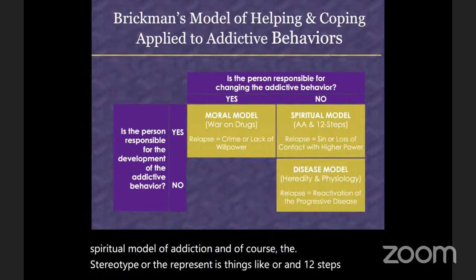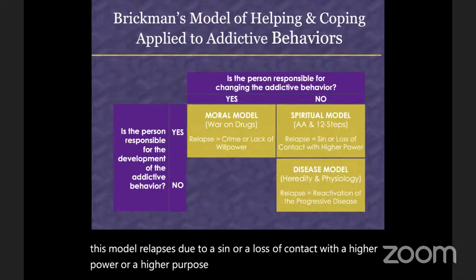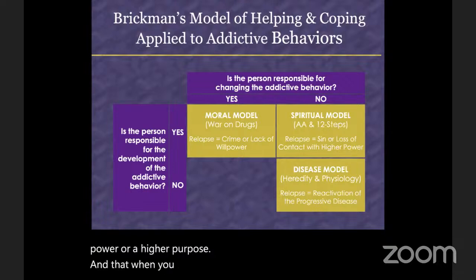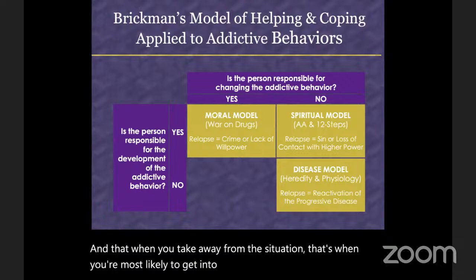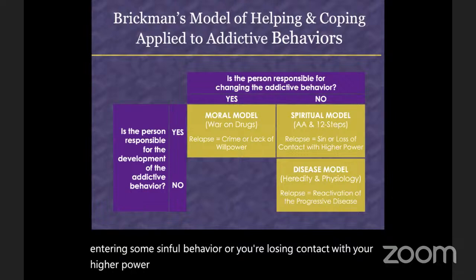In this model, relapse is due to a sin or a loss of contact with a higher power or a higher purpose. When you take that away from the situation, that's when you're most likely to get into a relapse situation, when you're entering some sinful behavior or losing contact with your higher power.